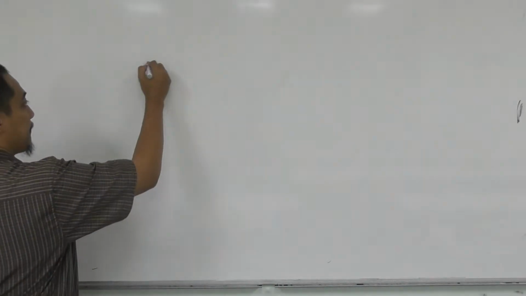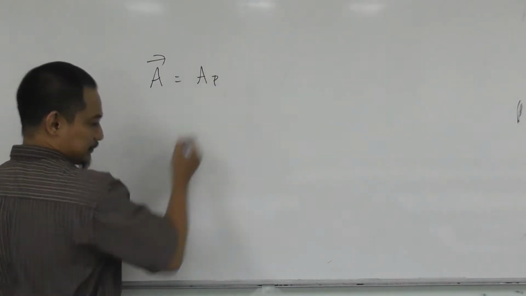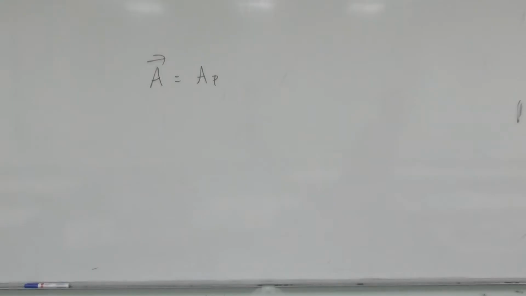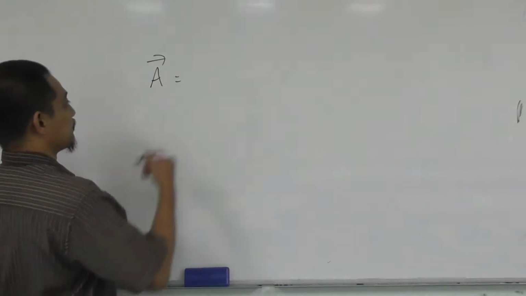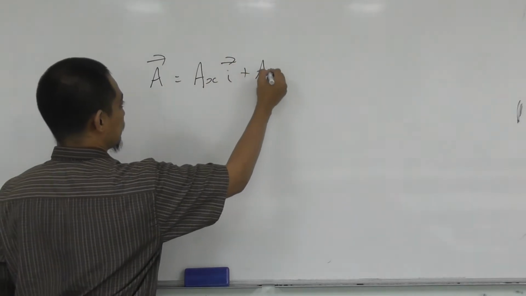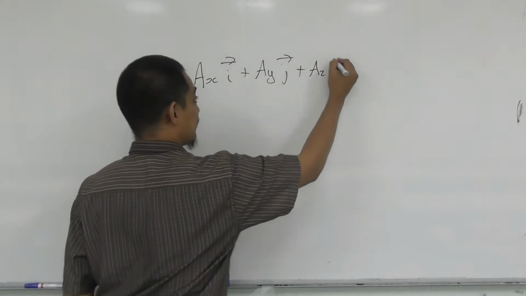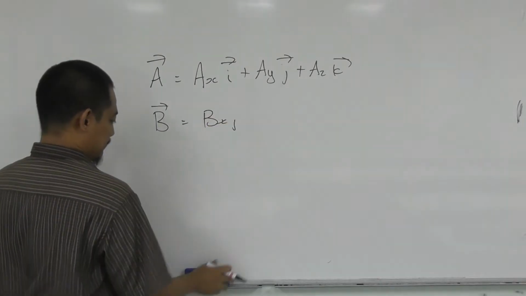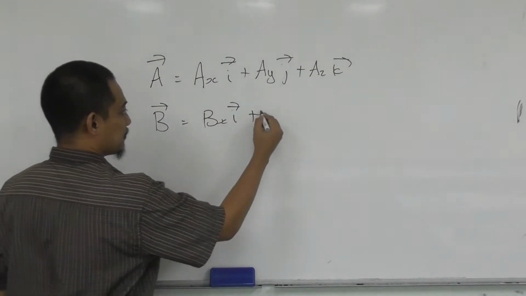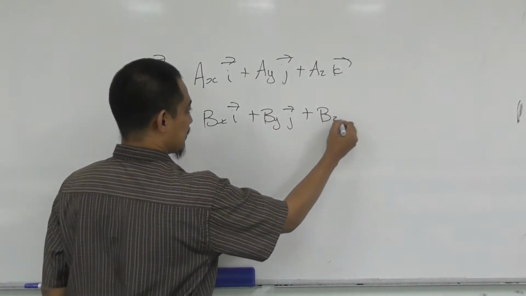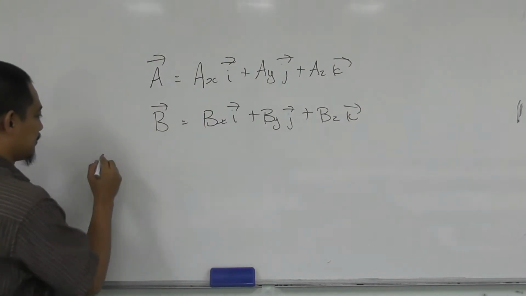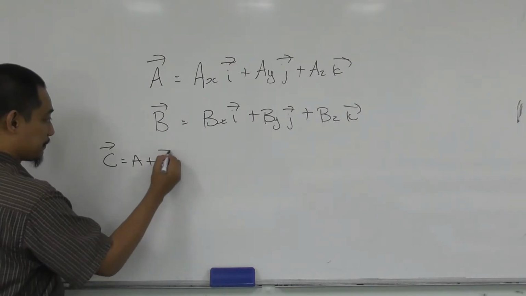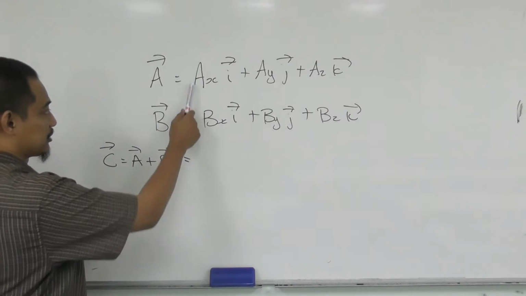I think we have touched before in the previous video that when you have expressed already, for example, A equal to Ax i plus Ay j plus Az k, and B, for example, is Bx i plus By j plus Bz k, then if we have C equal to A plus B, it's simply just addition of x component, y component, z component.